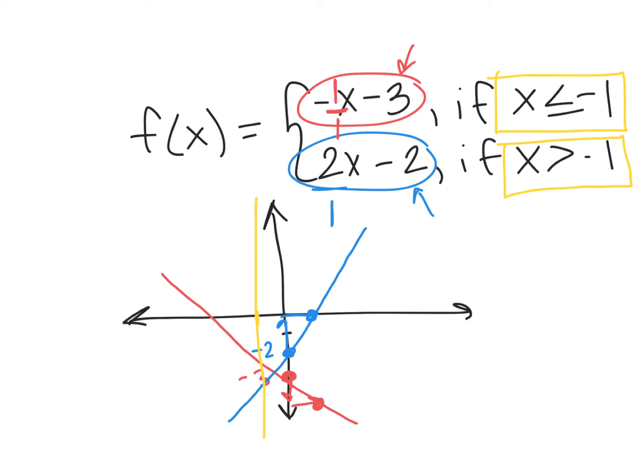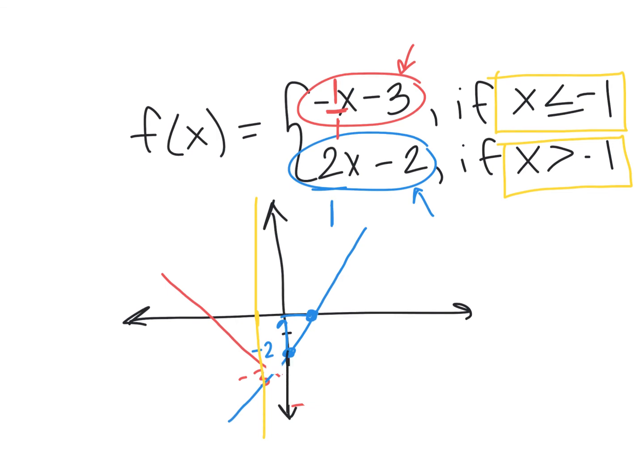This part of the graph will need to only have the red line, okay? The red line that's on the other side of our yellow vertical line needs to be erased. So I will take my eraser and remove the part of the red line that comes after my yellow line.